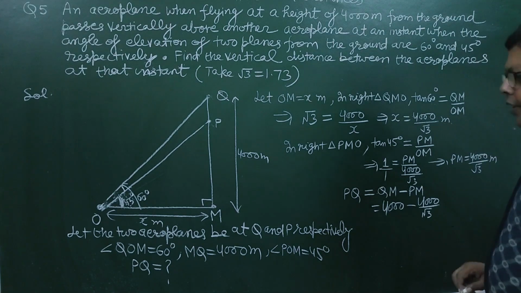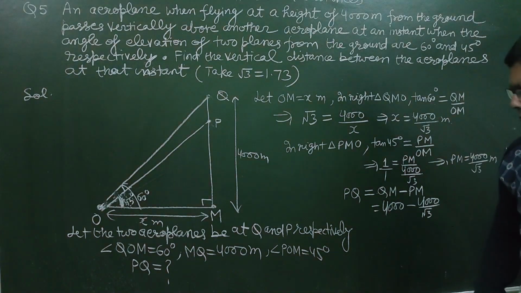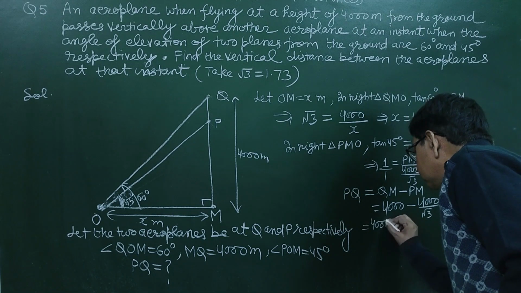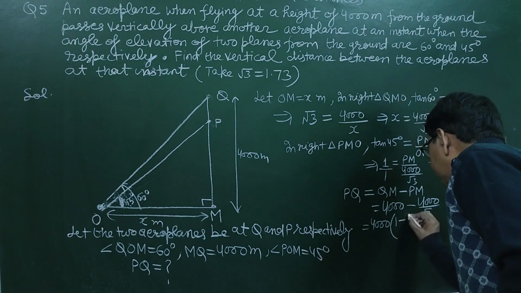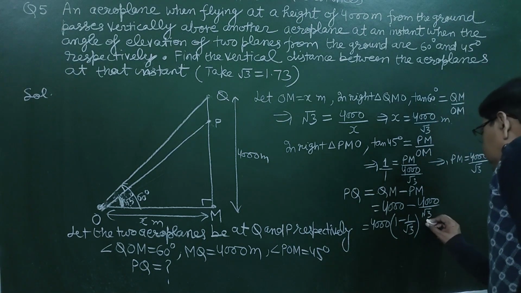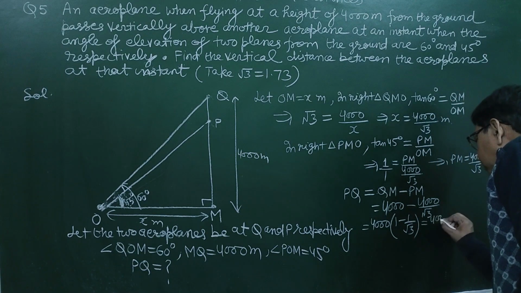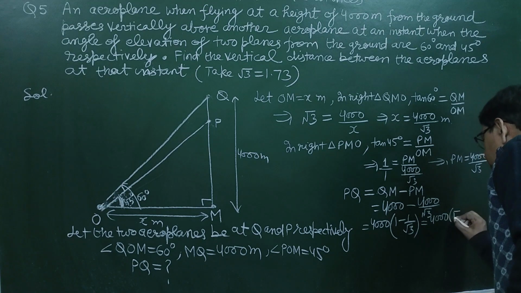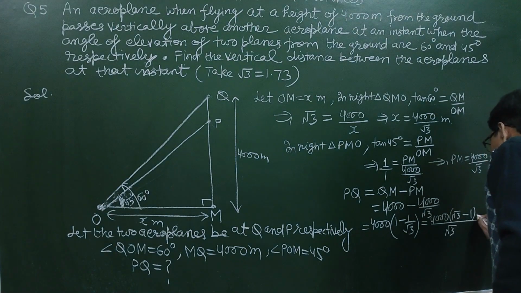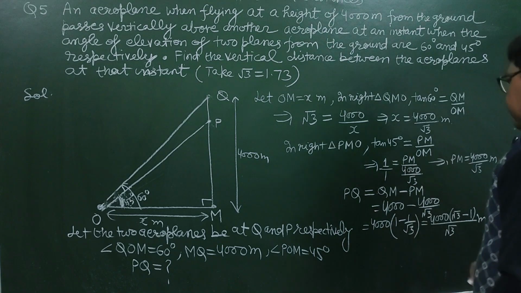If we take 4000 as common, then 1 minus 1 upon under root 3, and on further simplification this is equal to 4000 into root 3 minus 1 upon under root 3 meter.